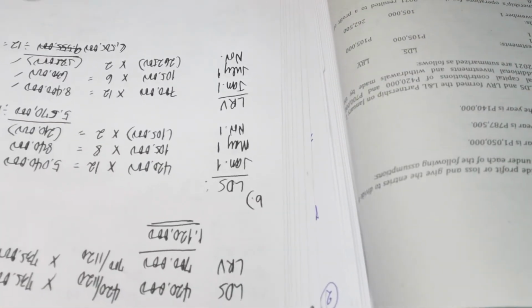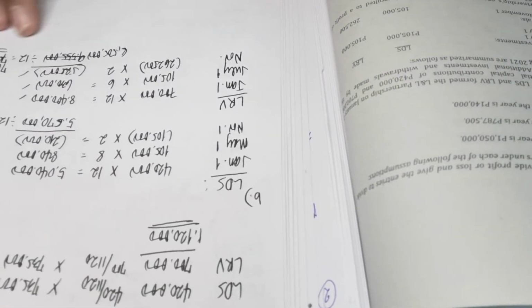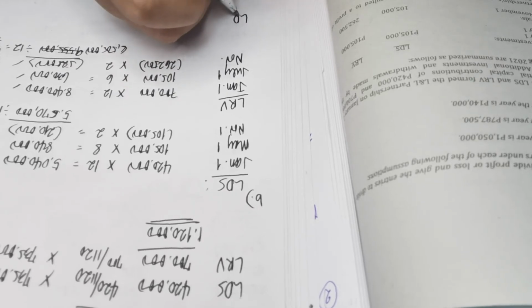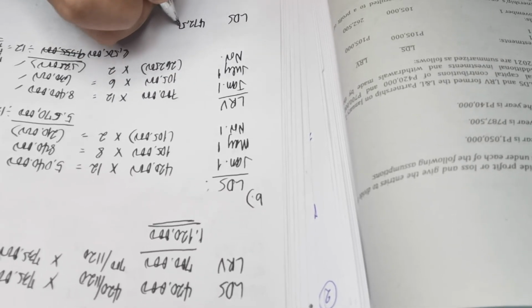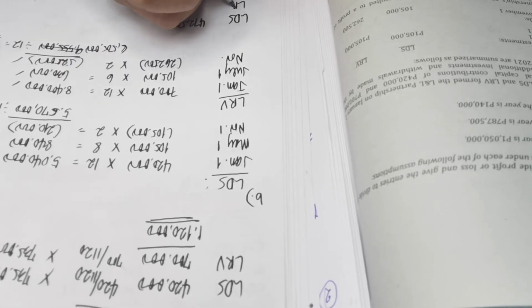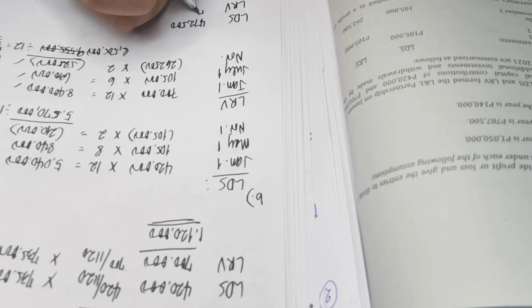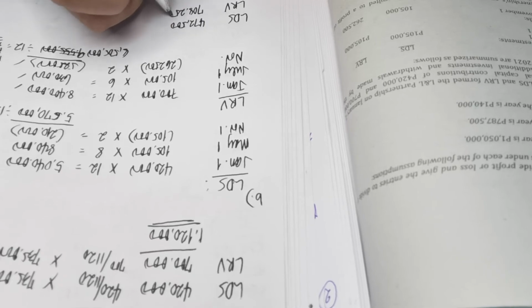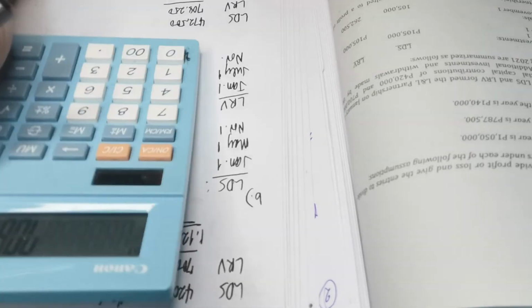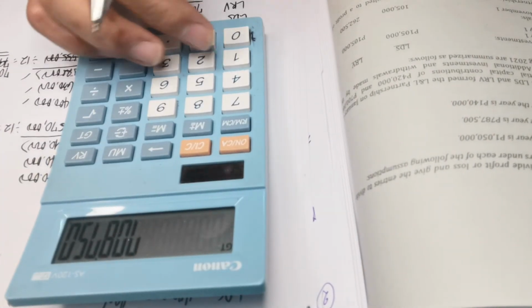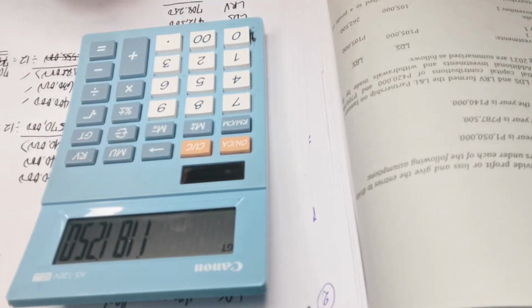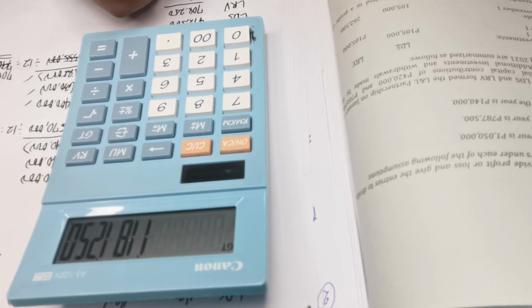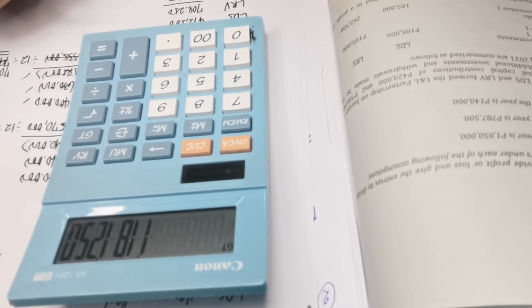So, sabi niya, profit is divided according to average capital. So, LDS average is 472,500, LRV 708,750. So, magkano na yun plus 472,500? 1,181,250.